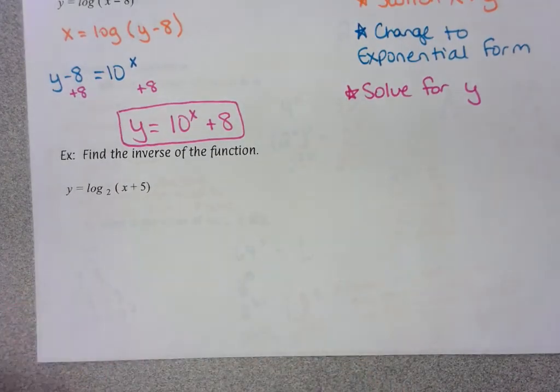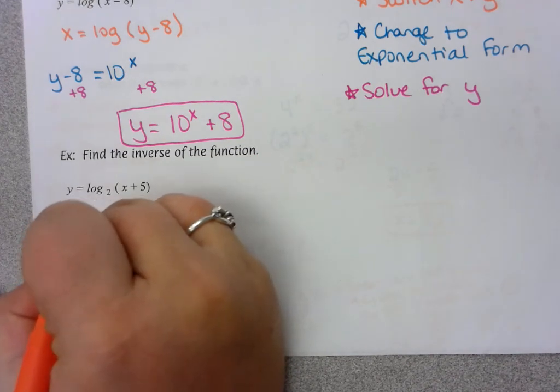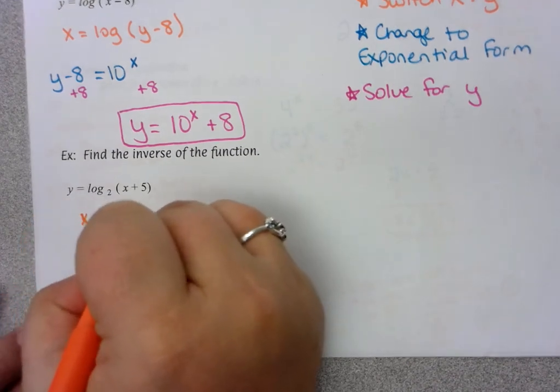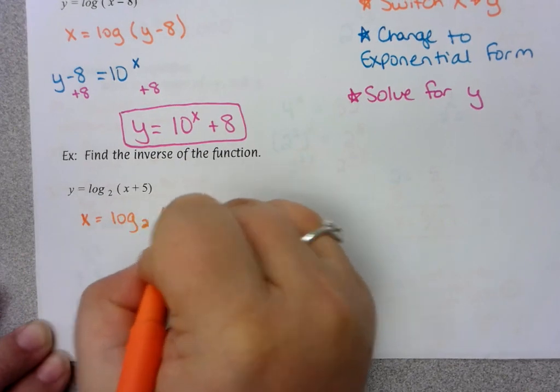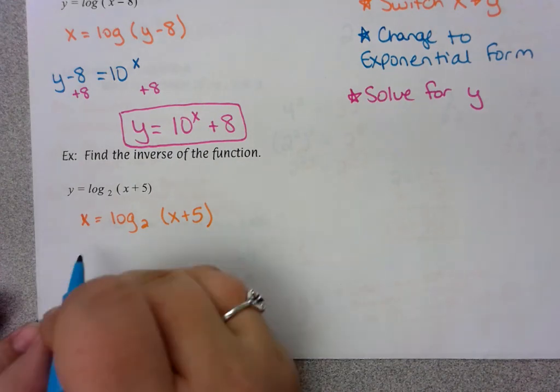Why don't you try this one? So the first thing you're going to do is switch x and y. So x equals log base 2 of y plus 5. Now I want you to try to change it to exponential form. Pause the video and change it to exponential form.